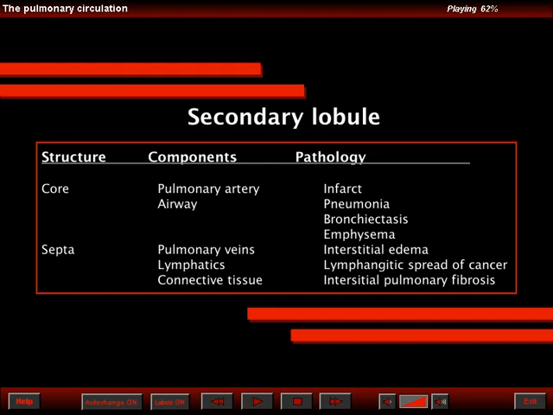Likewise, obstruction to the flow of lymph from the lung towards the hilus will result in interstitial pulmonary edema. Obstruction of lymphatics can also be the result of a tumor spreading from the lung towards the hila, and lymphangitic spread of cancer is a cause of abnormal lymphatics in the interlobular septa. Diseases of the connective tissue of the lung will lead to interstitial pulmonary fibrosis.